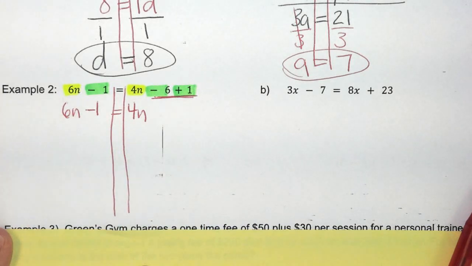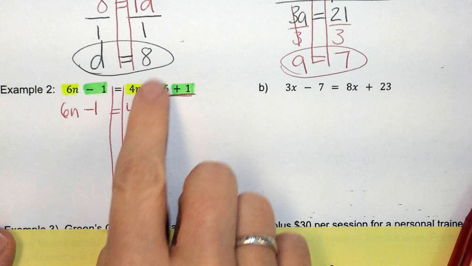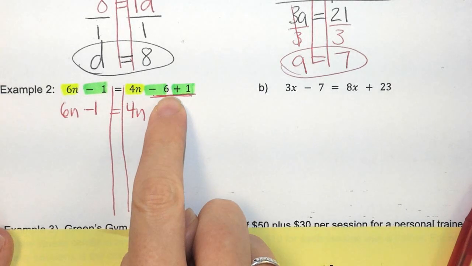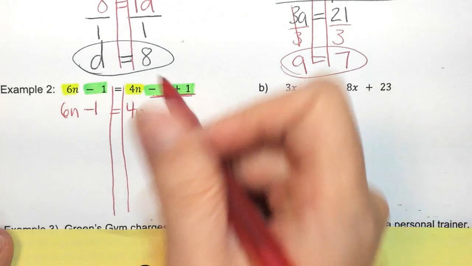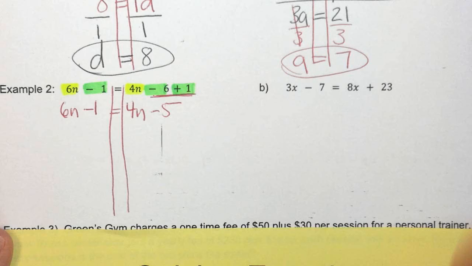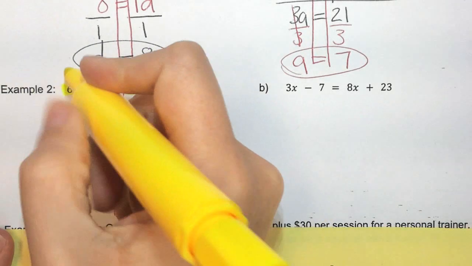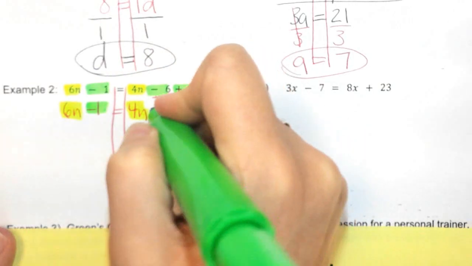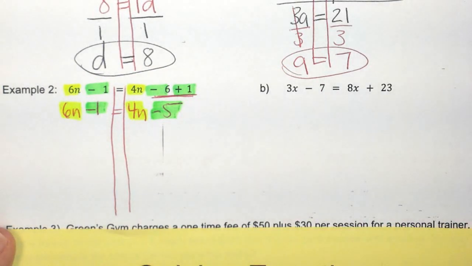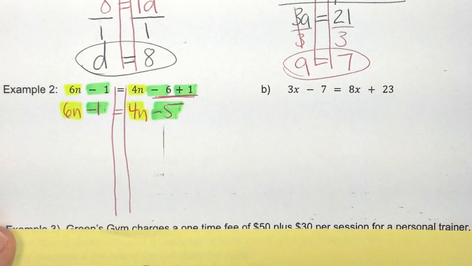So I'm not doing the opposite. I always have somebody that thinks I do the opposite here. No, I just combine them. -6 plus 1 is anyone? -5. So I'm going to write -5. At this point, I'm going to highlight again, just because it really helps me when we have 4 different terms to see what terms go together. Okay?